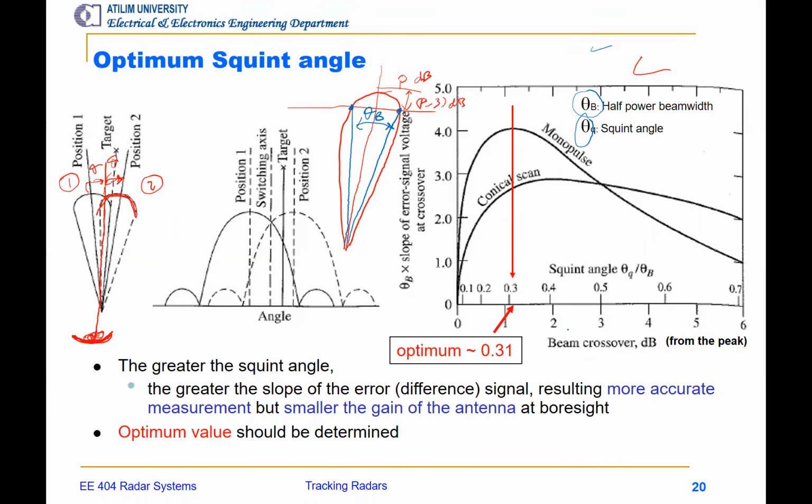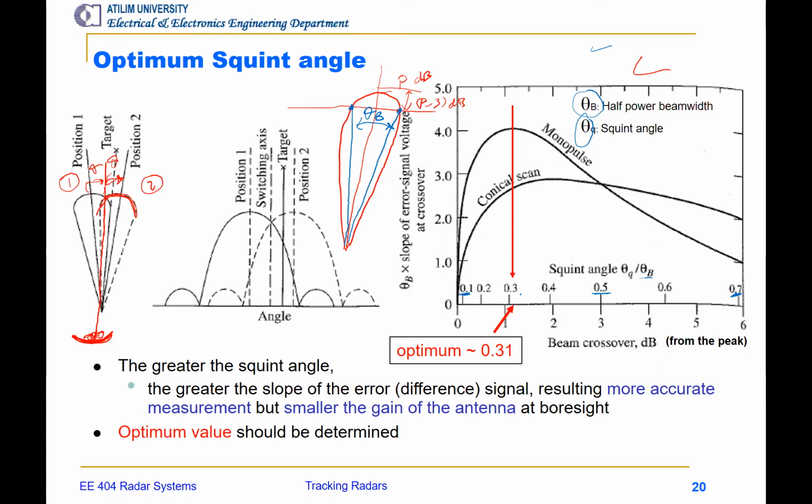So you can see when theta q over theta b becomes 1, this means that we got a squint angle equal to the beamwidth. Here, as you can see, the squint angle is always less than the beamwidth, starting from 0.1 and going up to 0.7, so about 70% of the beamwidth.